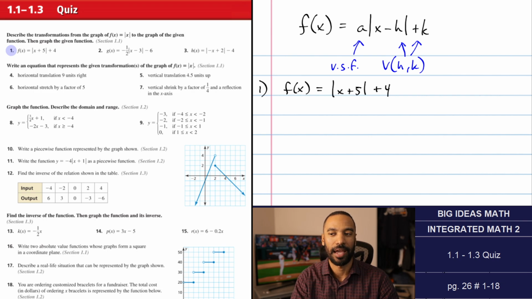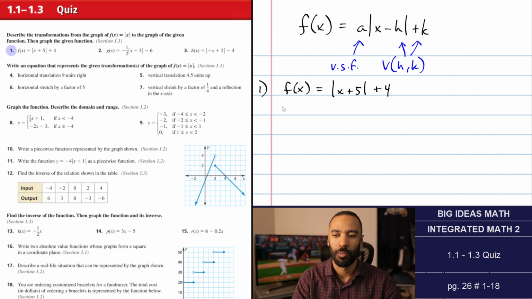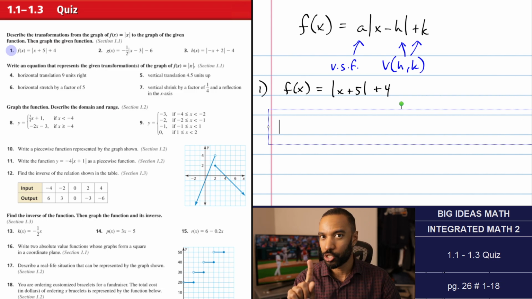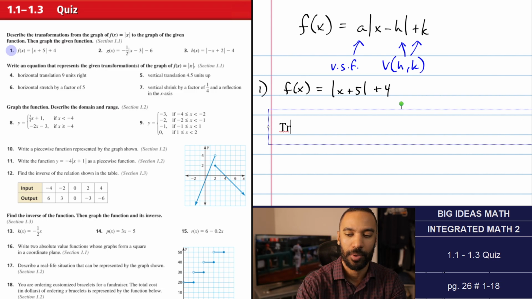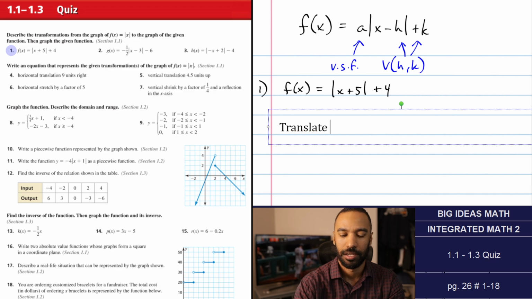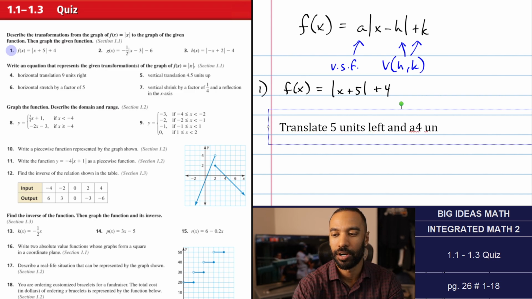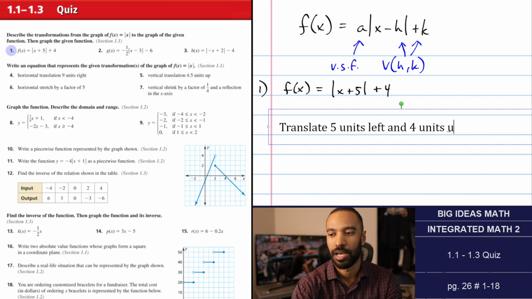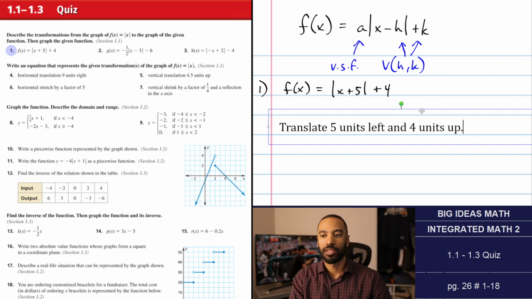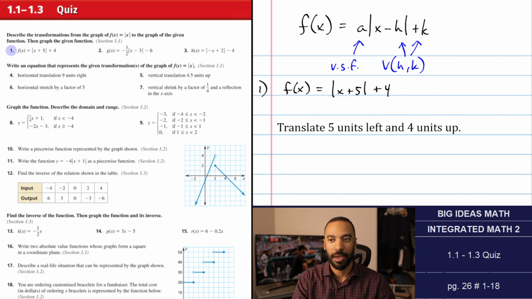So compared to that graph, what are we doing here? Well, we are not vertically stretching or compressing or reflecting, but we are translating 5 units to the left and 4 units up. So those are the two things that are happening in comparison to the original function.